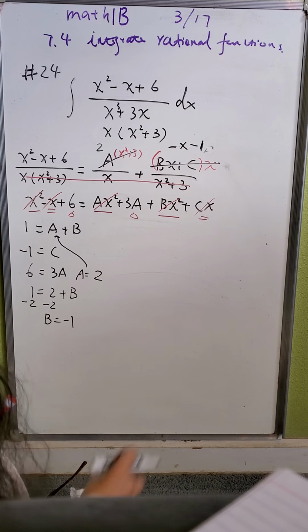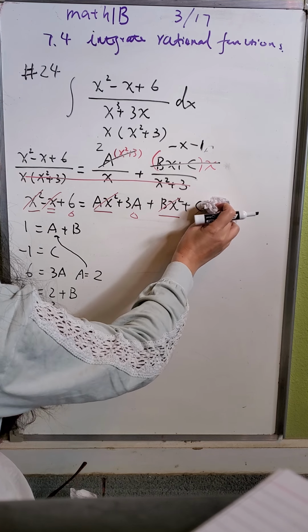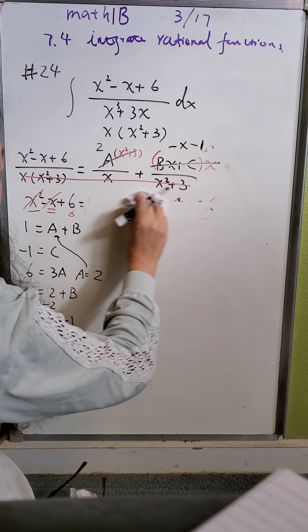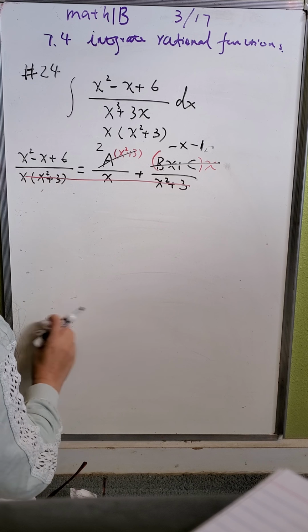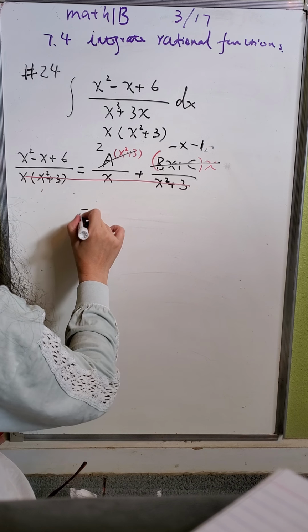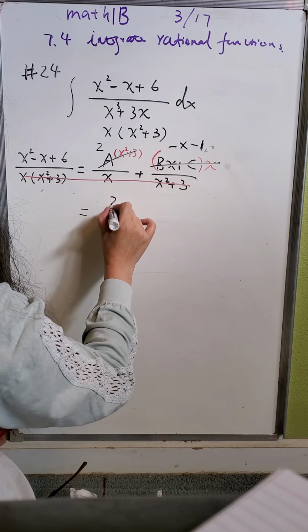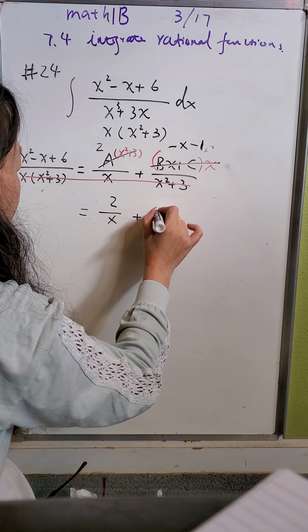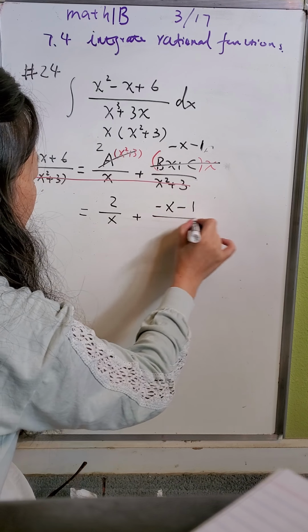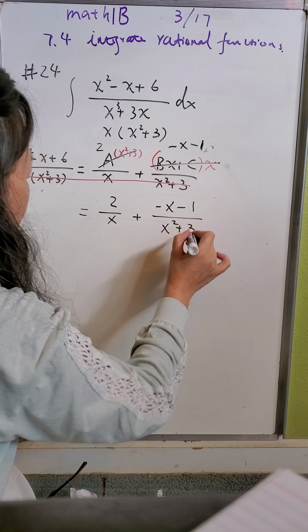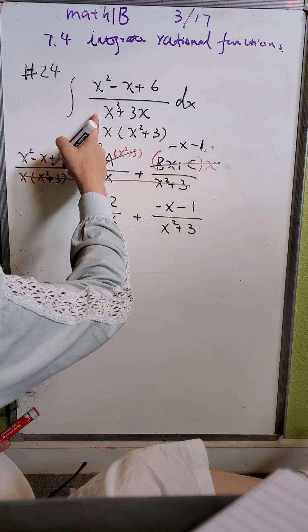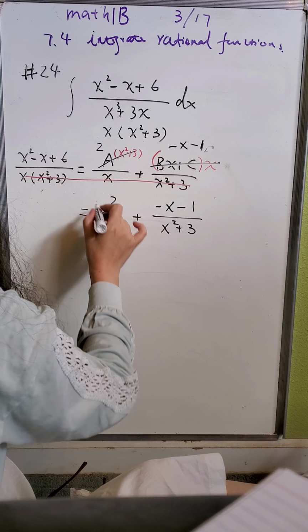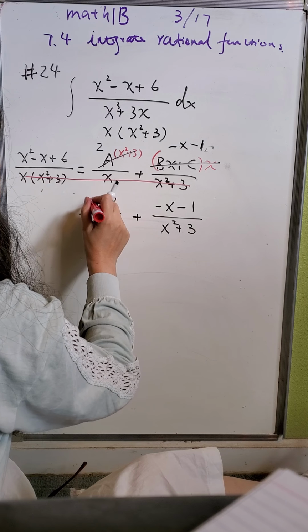I don't want to be so messy, so I'm going to erase this part. Plus I need more room too. So my new partial fraction becomes 2 over x plus negative x minus 1 over x squared plus 3. And when you integrate it, we put back the integration right in front of it.